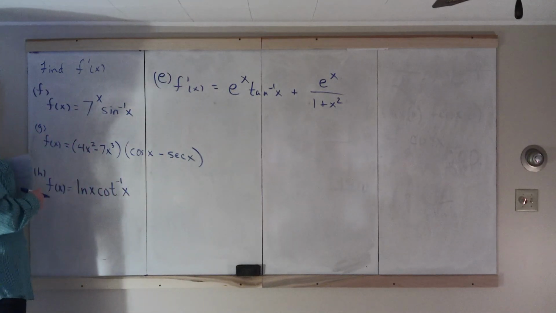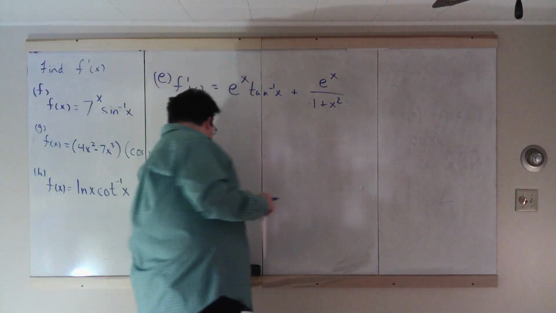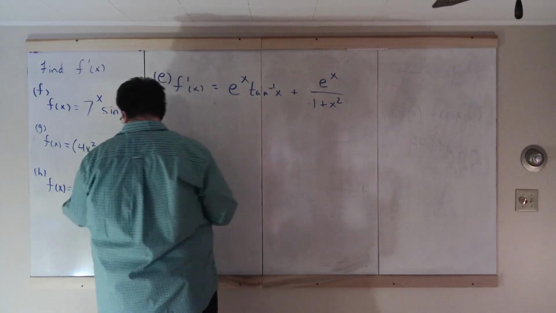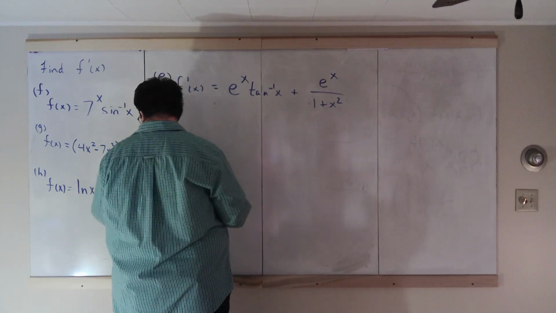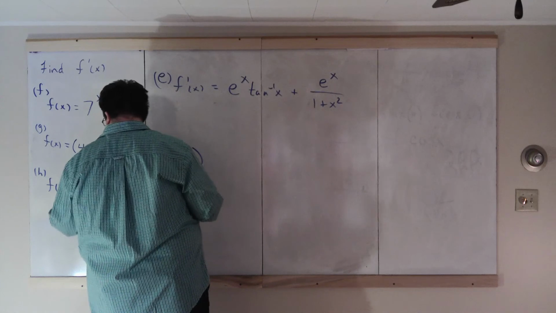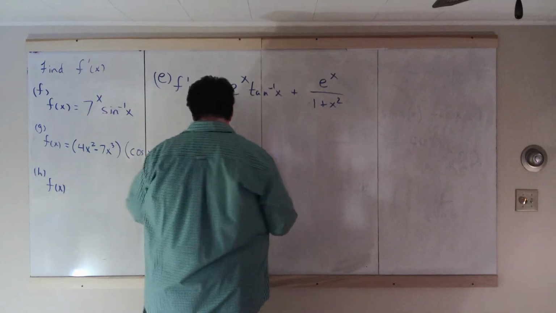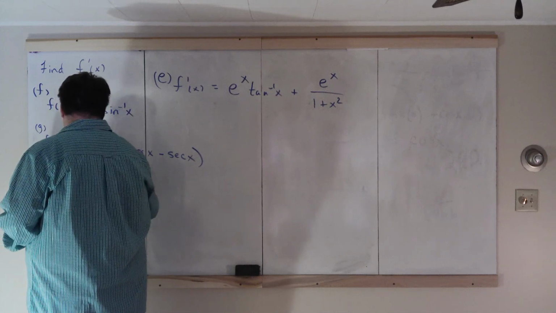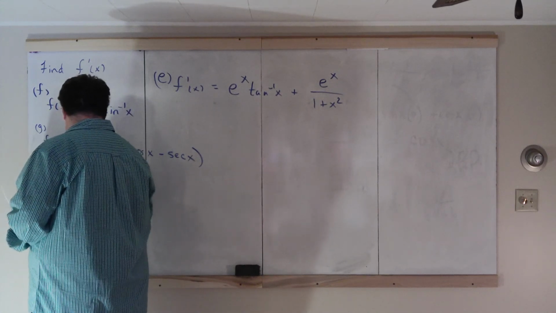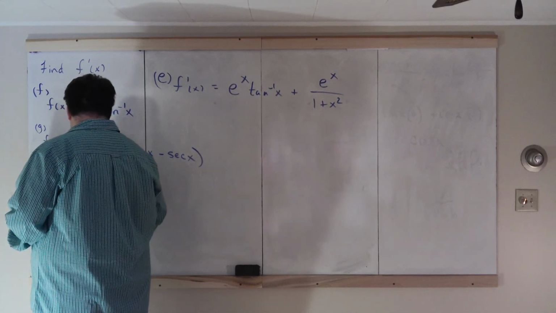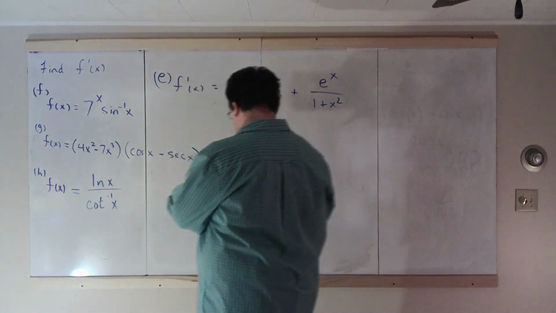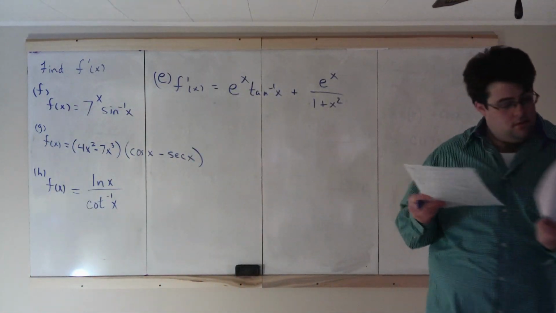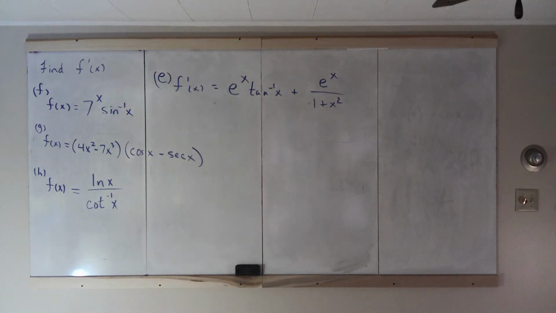Now let's throw it in a quotient. And again, this is not cotangent x to the negative 1. It's the inverse cotangent. Log x over inverse cotangent of x. And then we'll make a couple more observations after these.